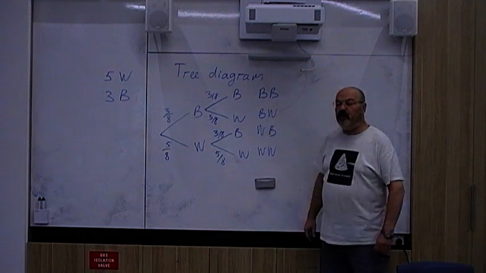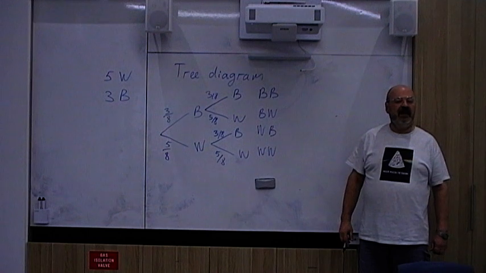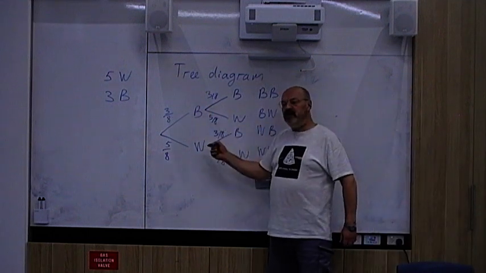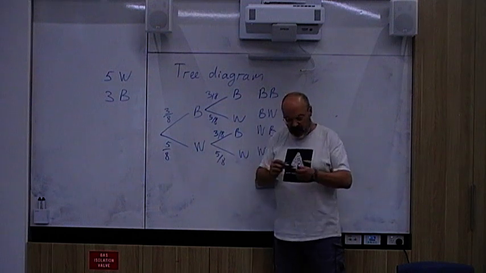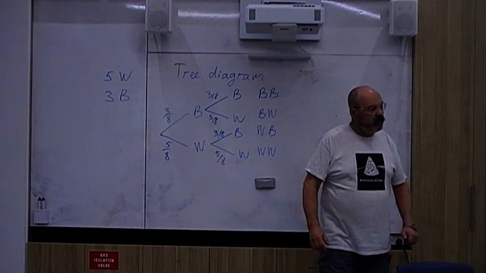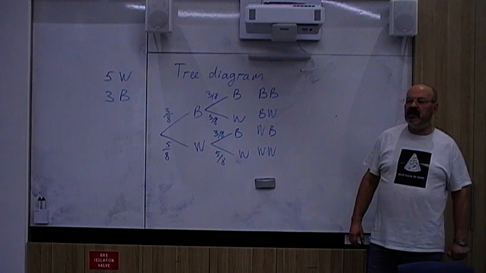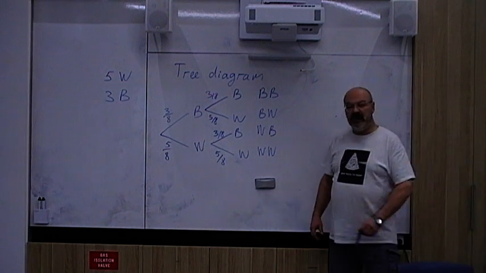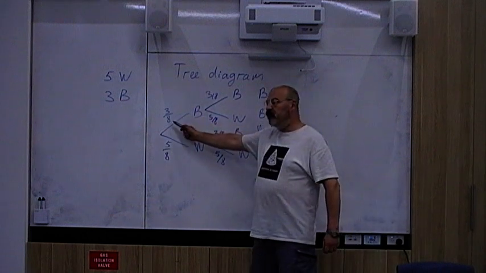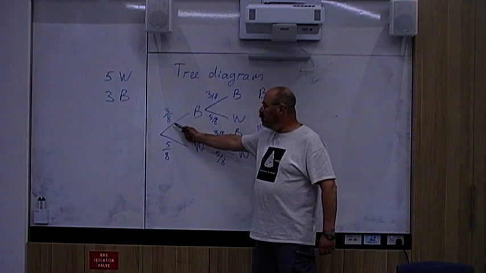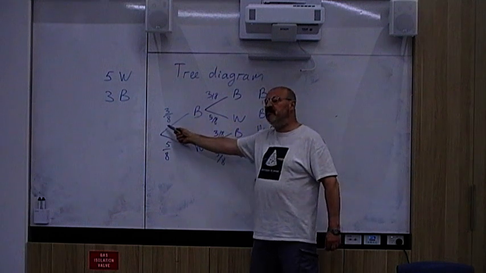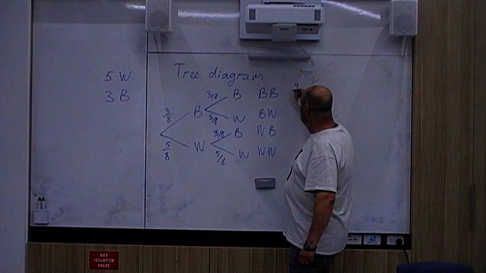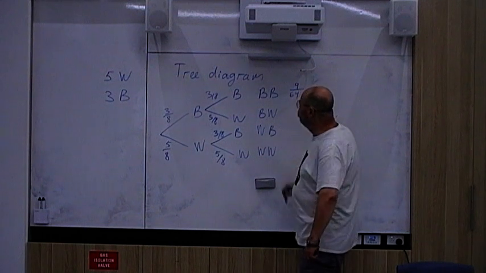To find probability in this case, because they're not equal probabilities, before, with tossing coins, we had equal probabilities. Now they're not. We need to multiply probabilities all the way. 3 8ths multiplied by 3 8ths. We multiply probabilities on the way, so it will be 9 over 64.